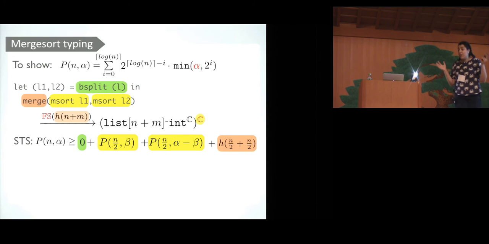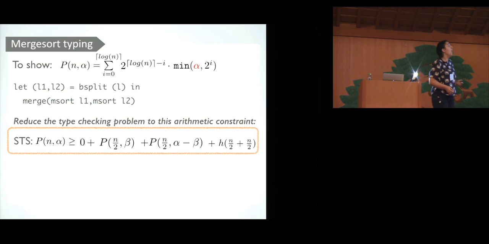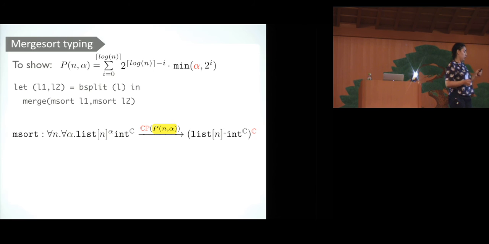What we have done, in a sense, is that we have reduced the type checking problem of merge sort to this arithmetic constraint, which can be discharged. For the case where alpha is equal to 0, we'll need to do some additional work, but this is like in CostEd.